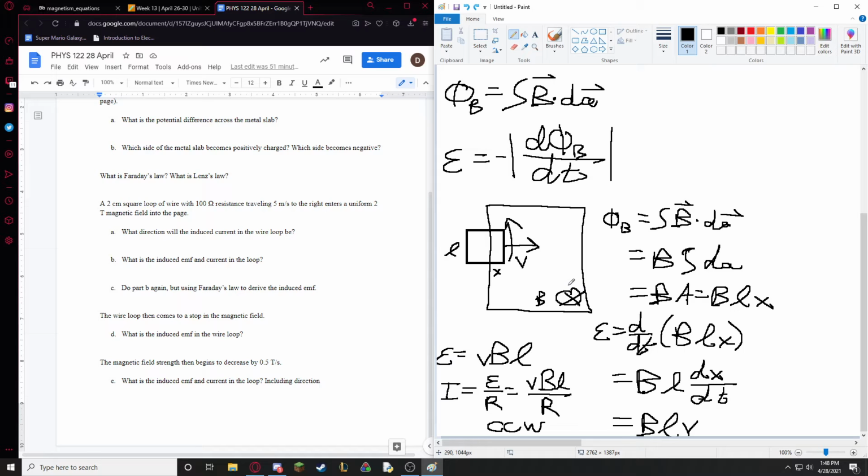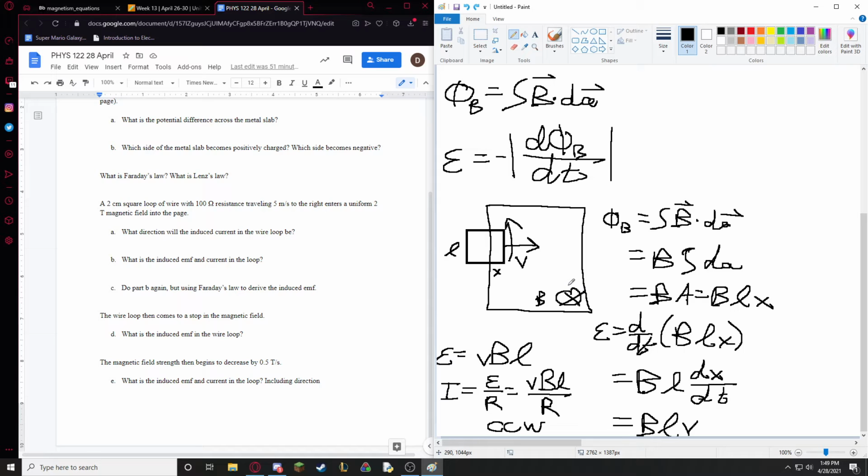It's going to oppose the change in flux. So we agree that the change in flux is into the page, right? Yeah. So take your thumb, point it in the opposite direction, out of the page. What direction do your fingers curl?